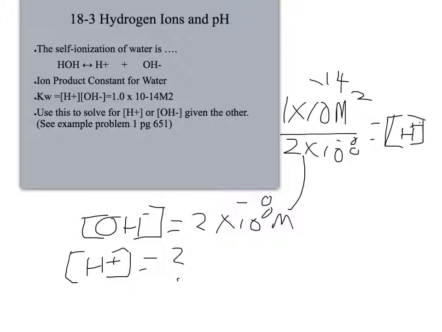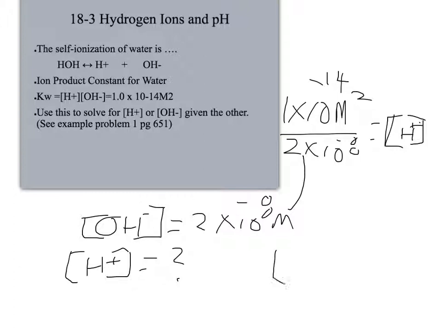So we plug that into the calculator, and remember the way you plug that in on my calculators, you either have an EE key up there in the middle on the TIs, or you have an EXP down on the bottom middle on the Casios. So it would be 1 EE 14, hit the plus minus, divided by 2 EE 8, hit the plus minus, equal, and we get 5 times 10 to the negative 7th.